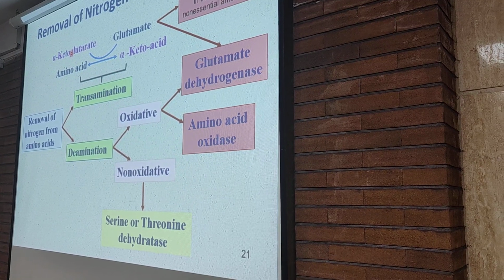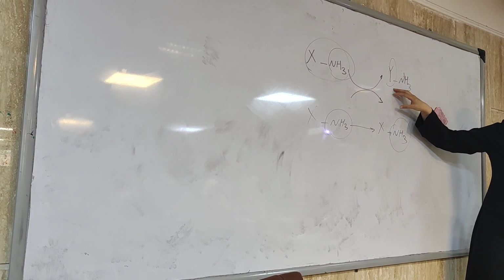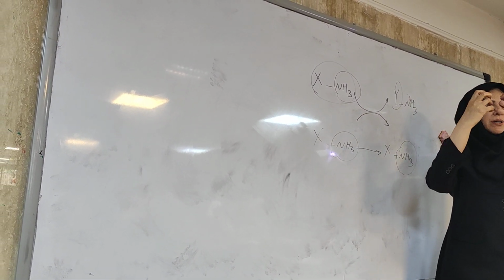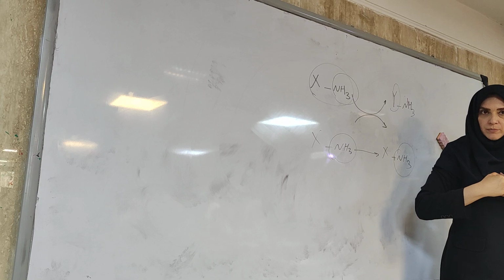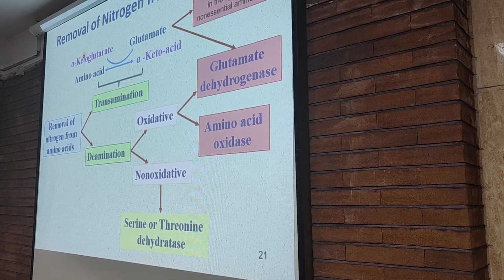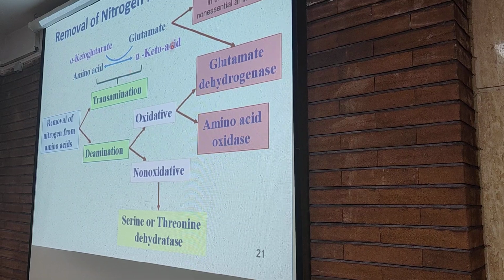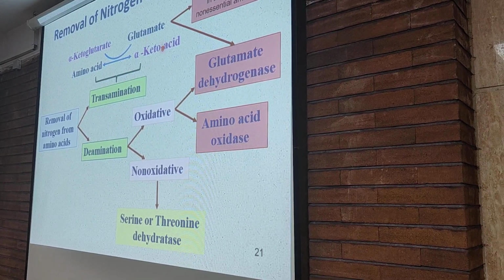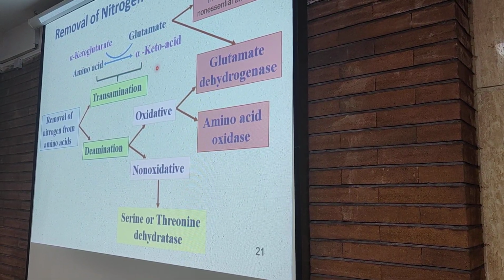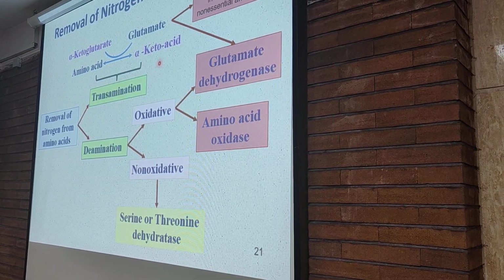For example, this is the amino acid and this is alpha-ketoglutarate. Alpha-ketoglutarate accepts the amine group. Most of the time, alpha-ketoglutarate is regarded as the main acceptor of the amine group. After this conversion, you have the alpha-keto acid, which is a carbon skeleton.